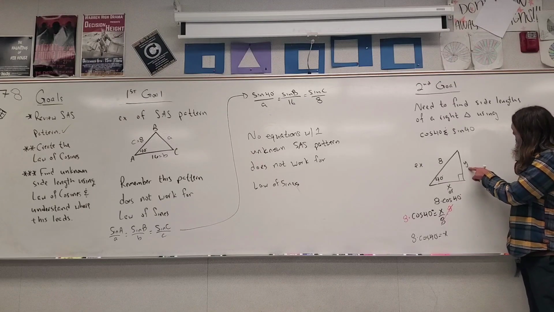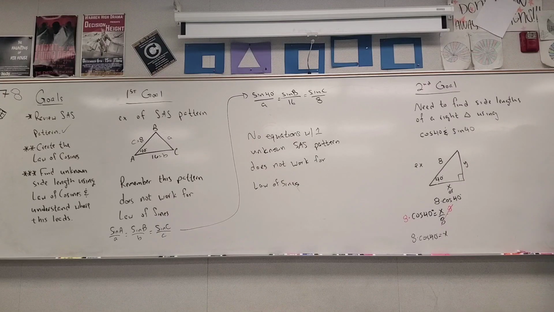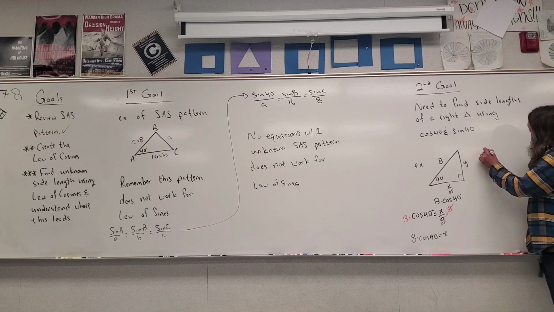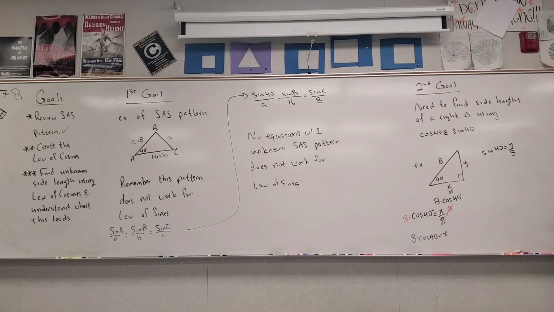I can also find the length or the height of my opposite side length, the y height. And so I could say sine of 40 degrees is equal to y divided by 8. And again, just like before, I can multiply both sides by 8.